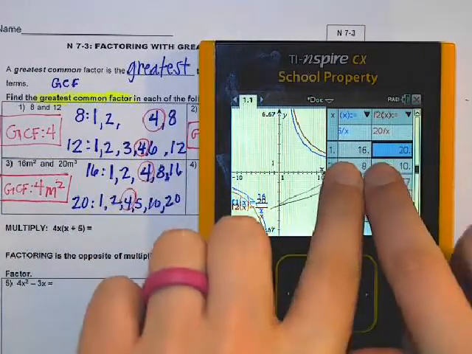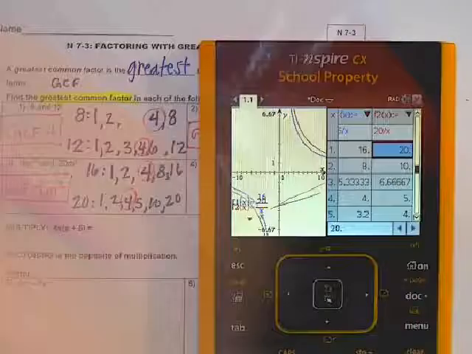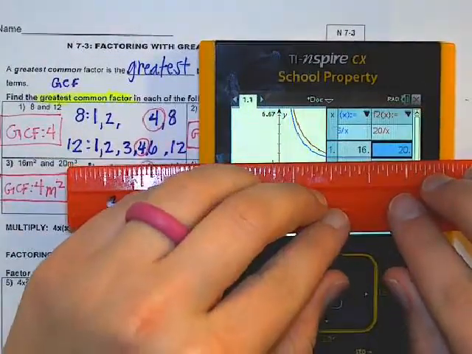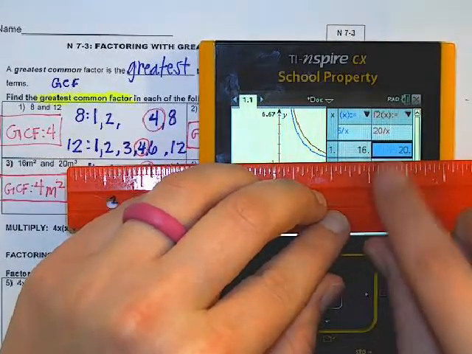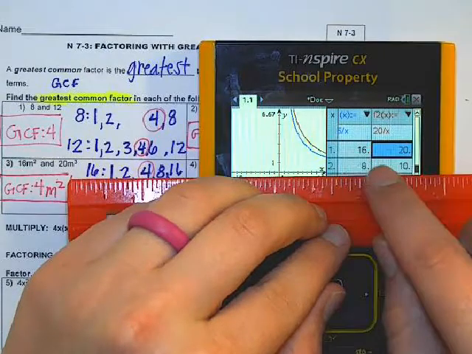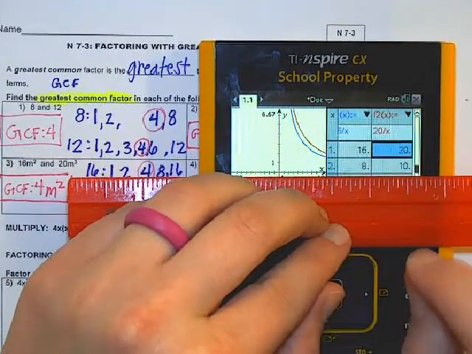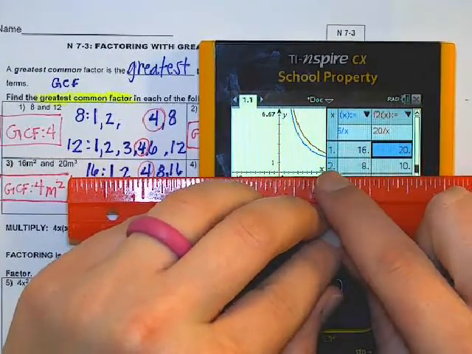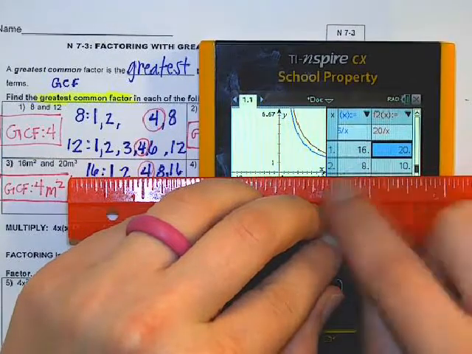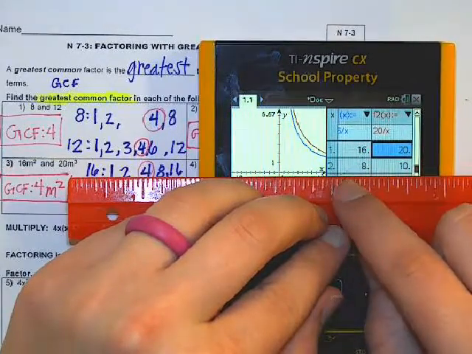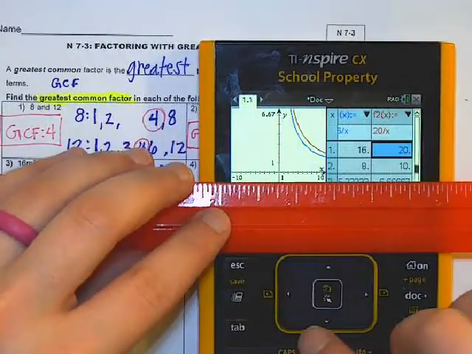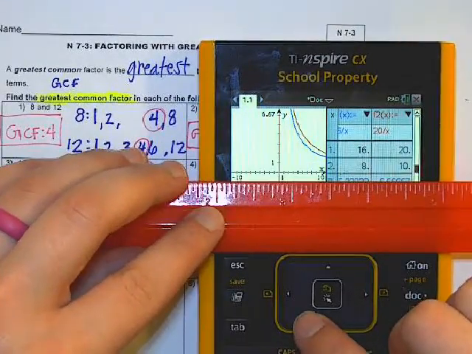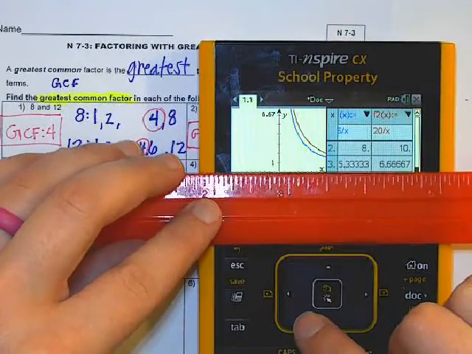I'm going to start on my first column. Okay, right here. For 1, do they both have whole numbers, 16 and 20? Yes. What about 2? Yes. So far, what is my GCF? 2, because they both have whole numbers in common. Levi, please stop. What about 3? Does 3 work? No. Why? It's a decimal, so that doesn't work.